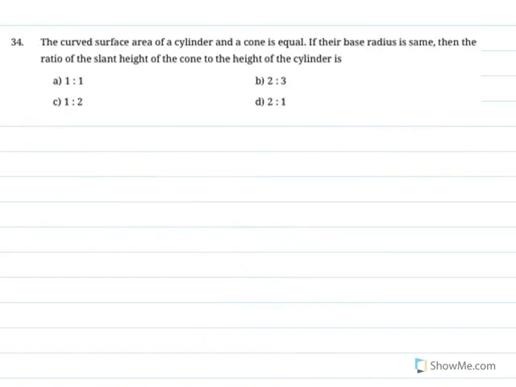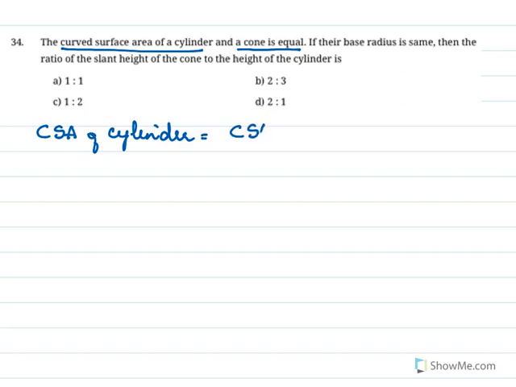The curved surface area of a cylinder and cone is equal. That means CSA of cylinder equal to CSA of cone. So let's put the formula. CSA of cylinder 2 pi RH, of cone pi RL.